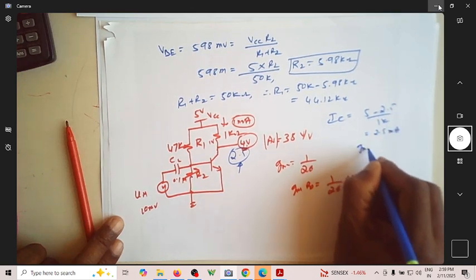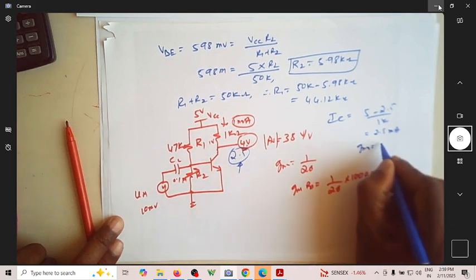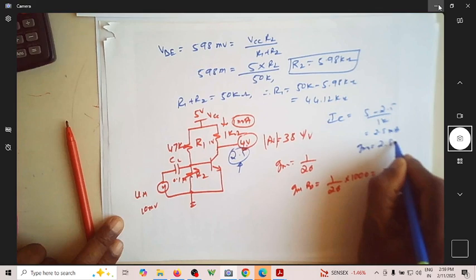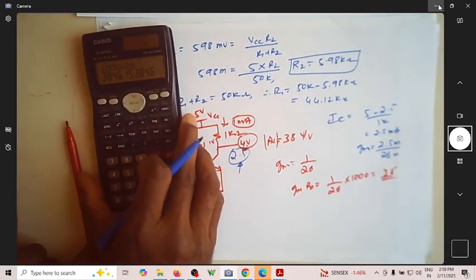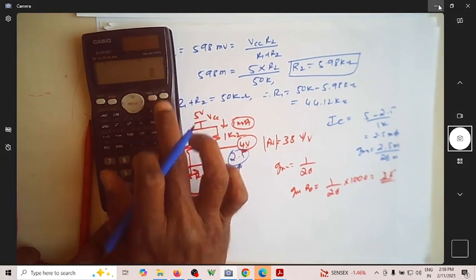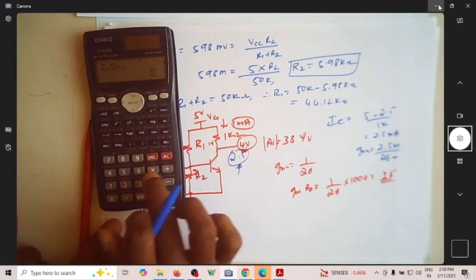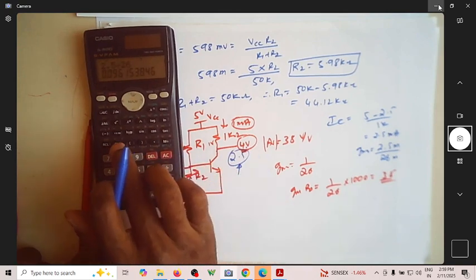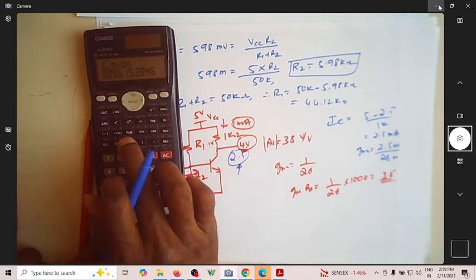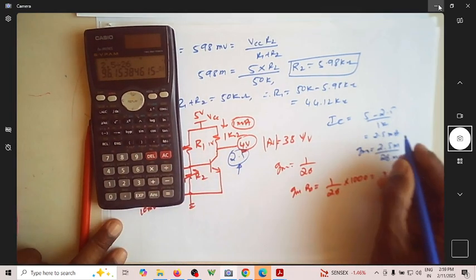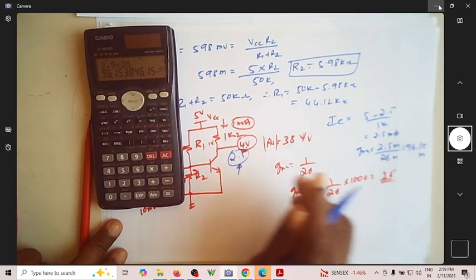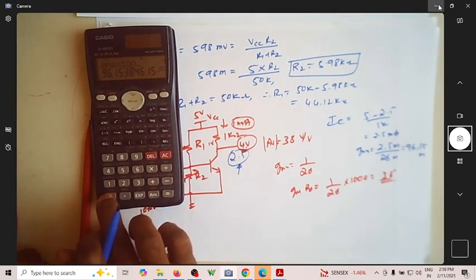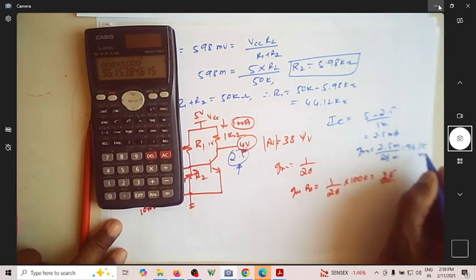Then how much is GM? GM is equal to 2.5 milli by 26 millivolt. So that will be 2.5 divided by 26, which is 96.15 milli, into 1000, you'll get a gain of 96.